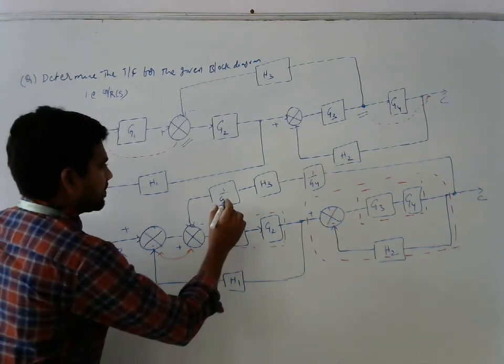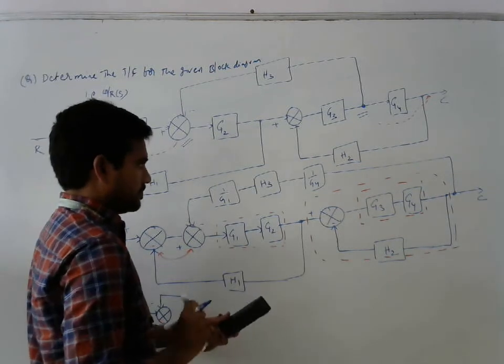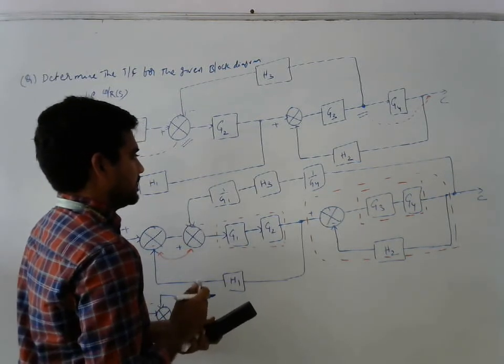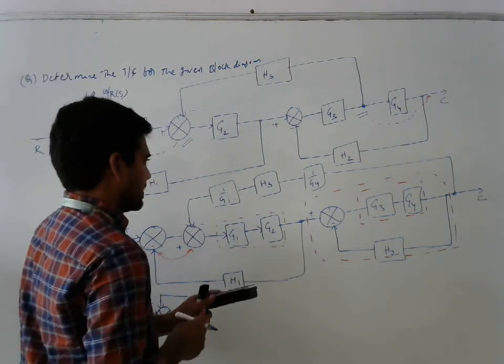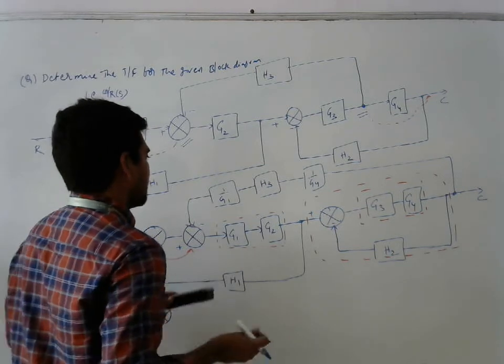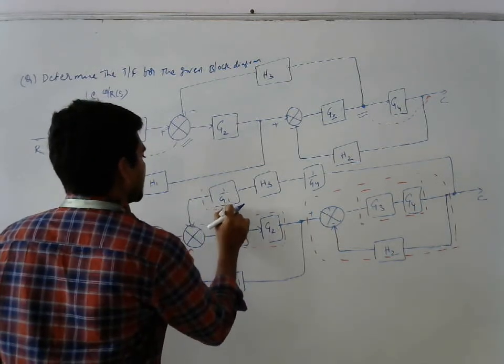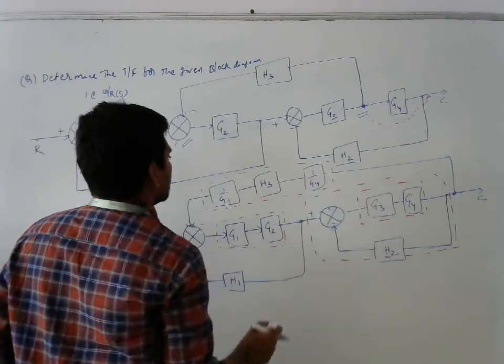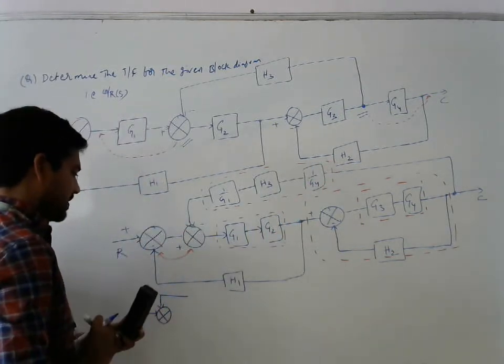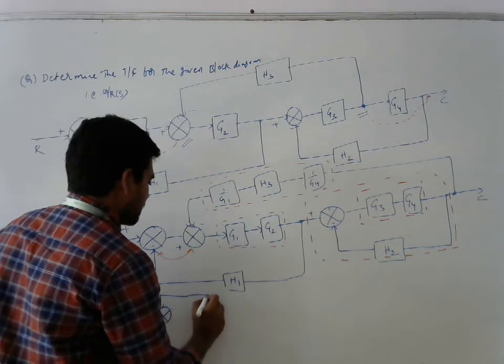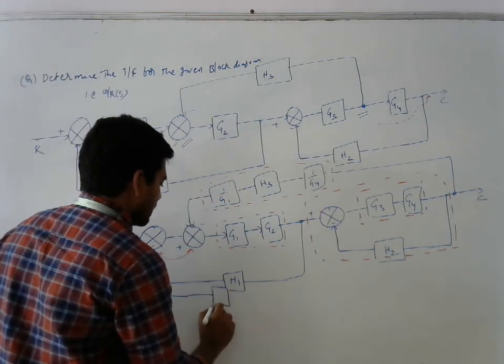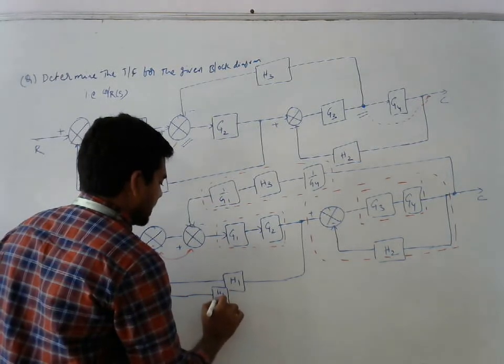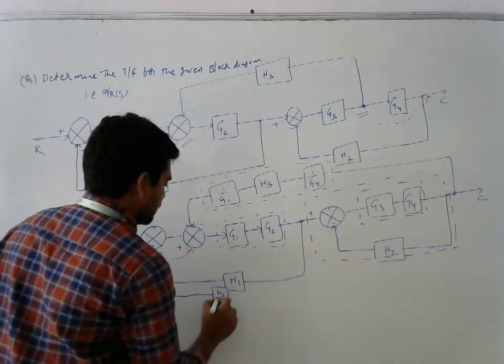We can multiply all these things. Why? Because all are in cascade connection. What are we going to get after multiplication for H3?